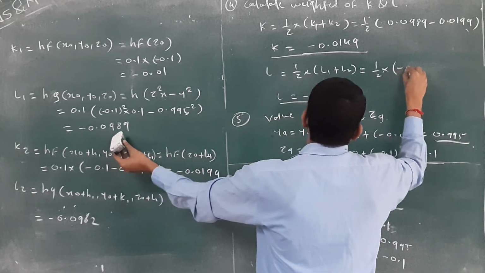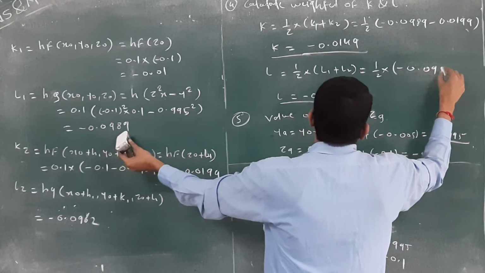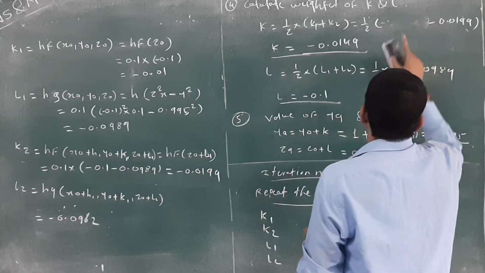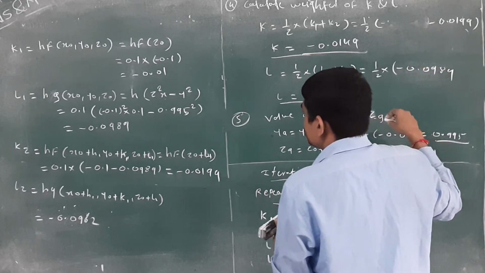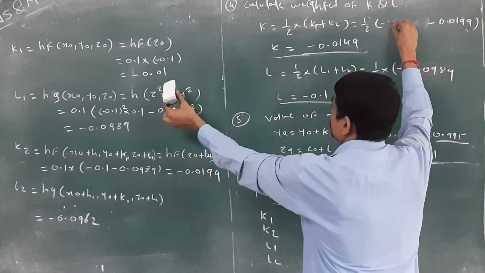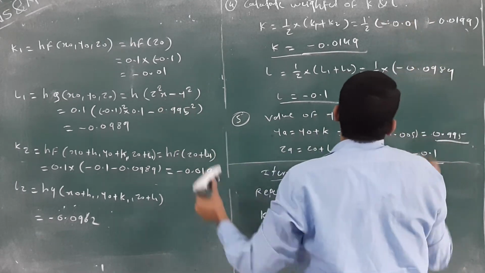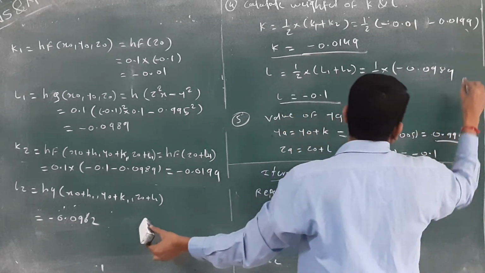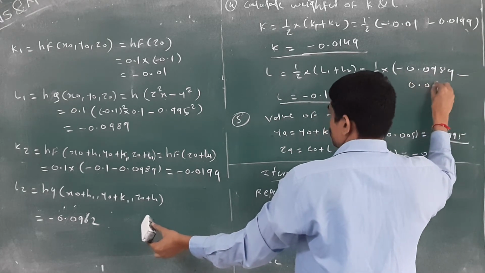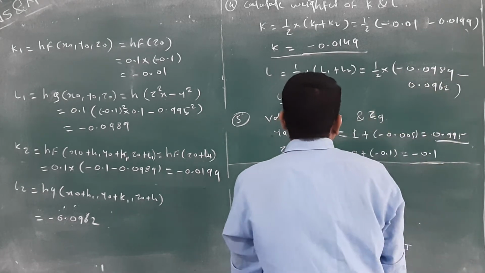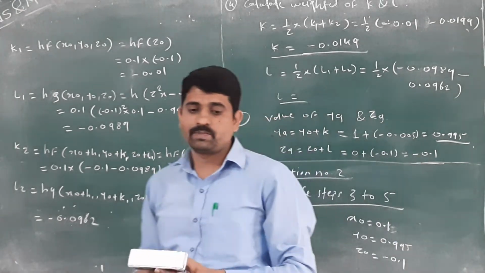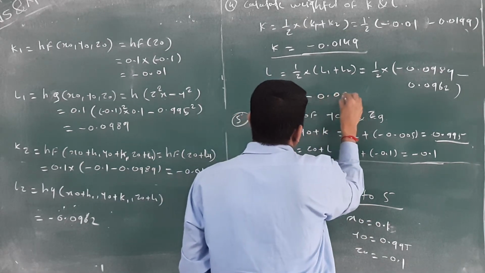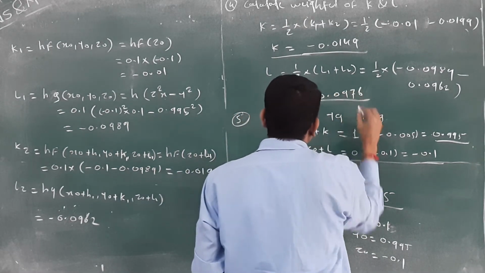Again minus 0.0989. See, here I have written the L1 value by mistake. Sorry. What is the value of that K1? Minus 0.01. Check that out. Check properly. What is the value of L2? Again minus 0.0962. Okay, then what is the value of L? Weighted mean of the L, you will get the minus 0.0976. Okay, these two values you will get.